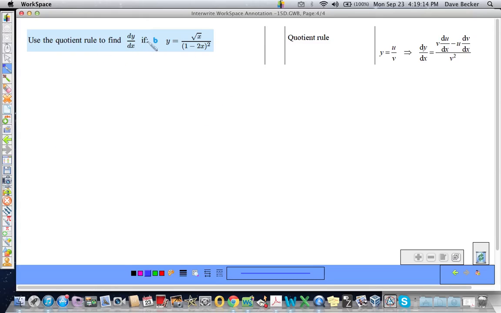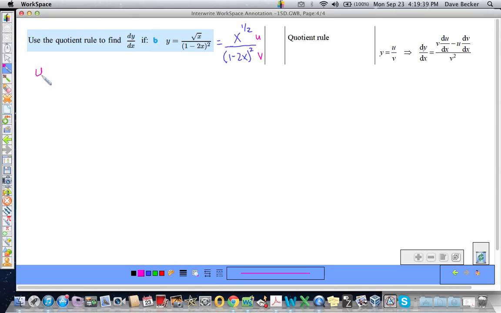Find dy/dx if y equals the square root of x over (1 minus 2x) quantity squared. Well, I am going to immediately rewrite that square root of x as x to the 1/2 power, and I will leave 1 minus 2x as squared. Okay? And then I will identify my u and my v.